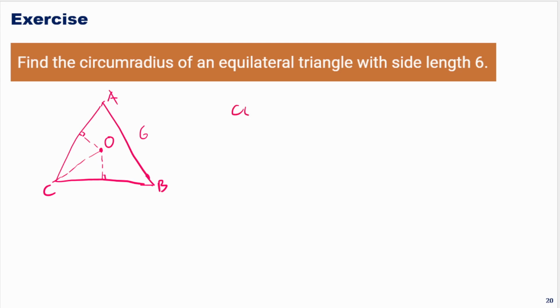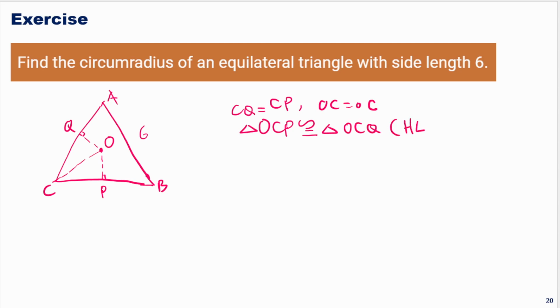Since we have CQ equals CP and OC equals OC, well, sorry, let's call this point P and this point Q. We know that triangle OCP must be congruent to triangle OCQ by HL congruence, because both of the triangles are right triangles.